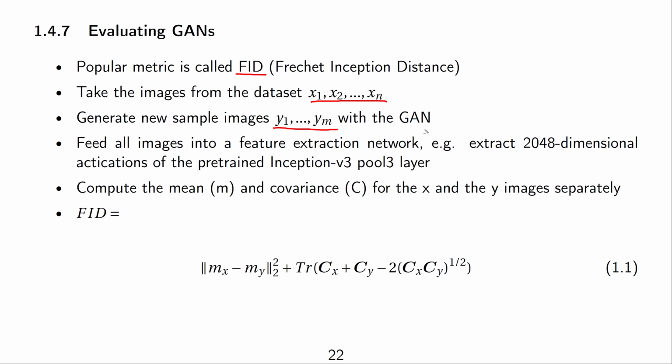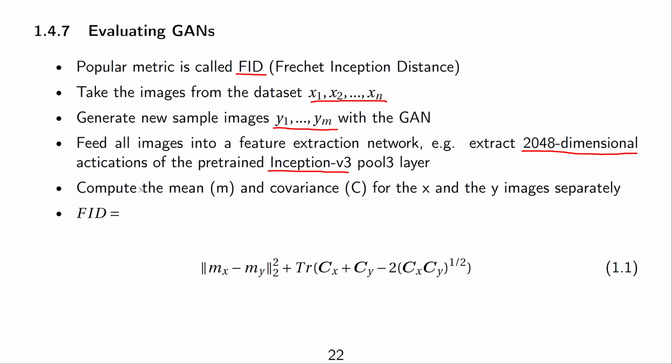And then we'll take the real images and the generated images by the generator, and we feed all of them into a pre-trained feed-forward network, for example, the Inception V3 model. And then from one of the last layers, we take the 2048 dimensional activations.